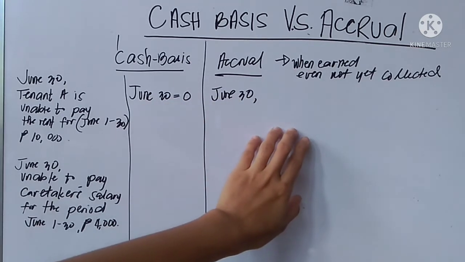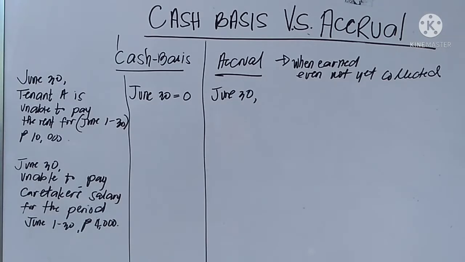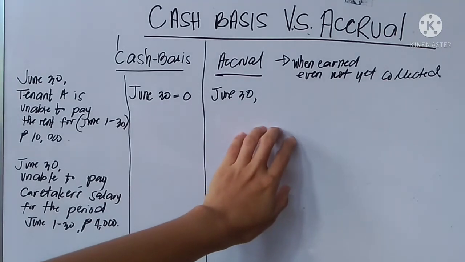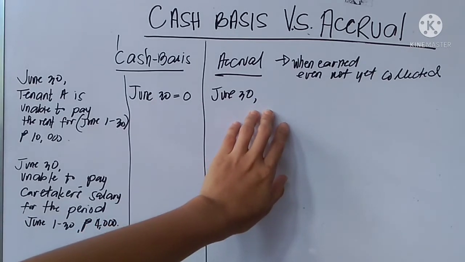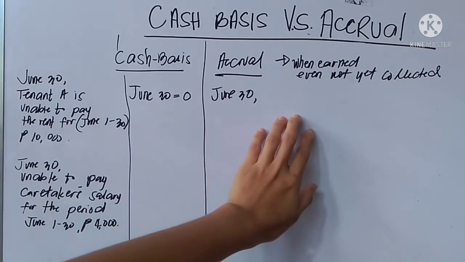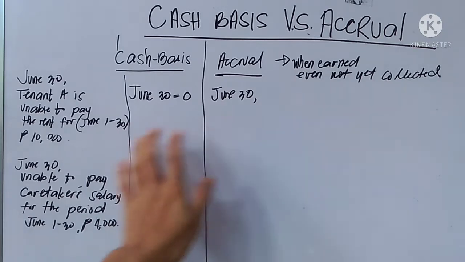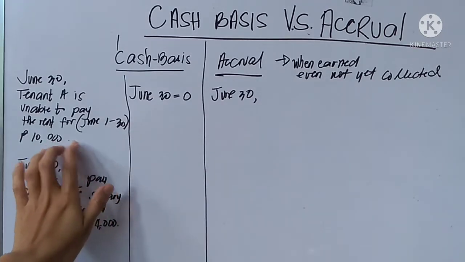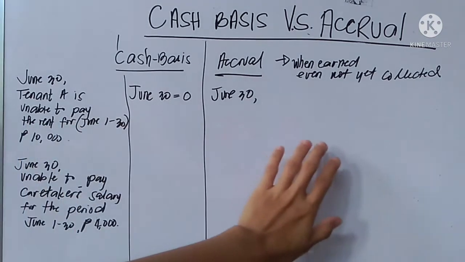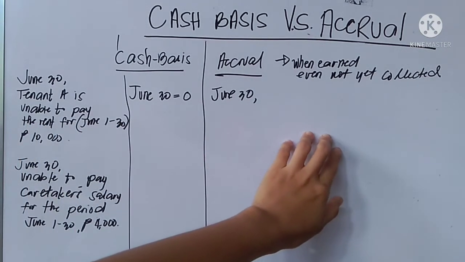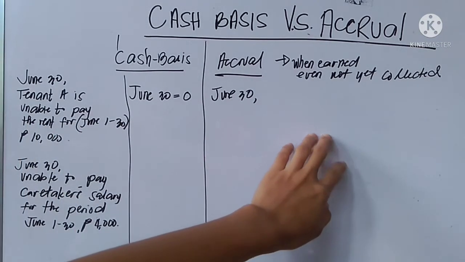Yun ang tinatawag nating accrued income, which is considered as an asset. So, our entry for June 30, we will debit accrued income, which is 10,000 pesos, the amount of the rent income. And we will credit rent income for 10,000 pesos.